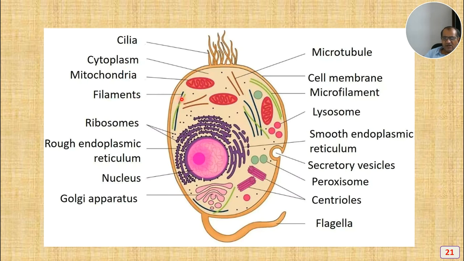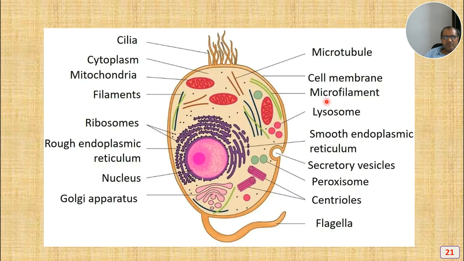Ribosomes are very much required for protein synthesis, along with the rough endoplasmic reticulum. Then the nucleus is the controlling center of the body, whereas the Golgi complex is also involved in protein synthesis, and the microtubules are required for the cell to have multiple functions.